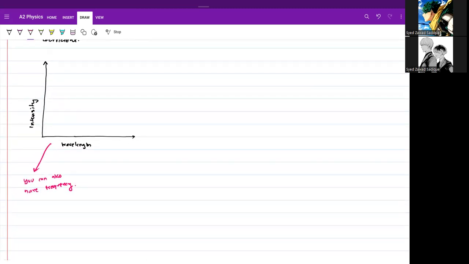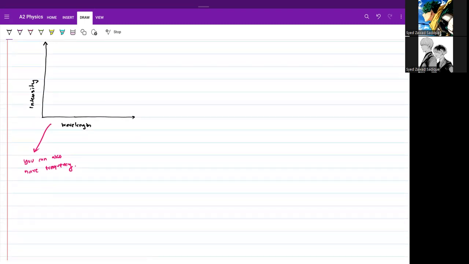Now, what do we learn from the graph? X-rays are produced when electrons hit a metal target. So when they hit a metal target, the graph looks like this, and then there's a range of discontinuities.